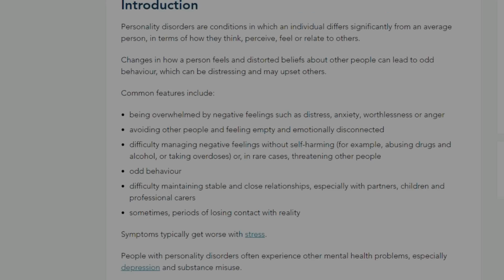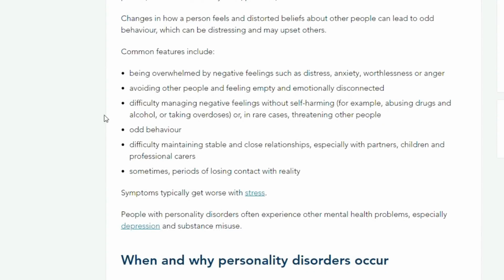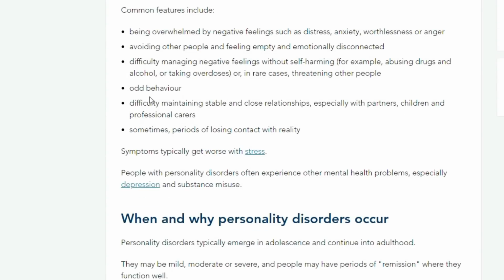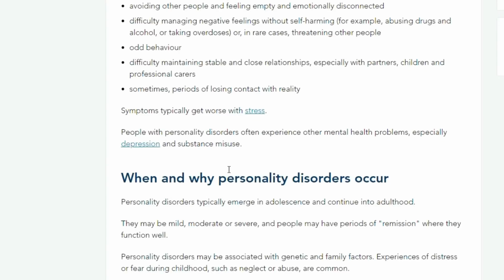He even mentions that, feeling empty, difficulty managing negative feelings without self-harming. So odd behavior, difficulty maintaining stable and close relationships, especially with partners, children, professional carers. Sometimes periods of losing contact with reality. He talks about depersonalization. What else? Like almost feeling like he's in a game, like he's not in reality.